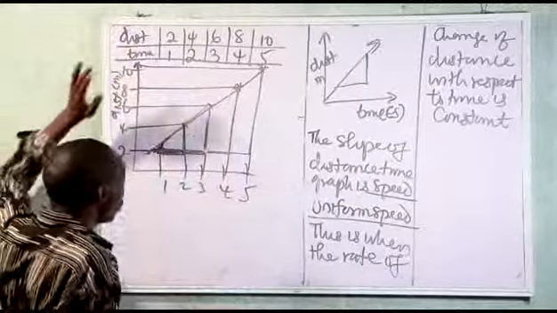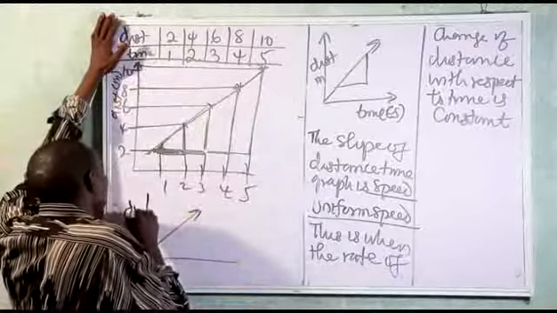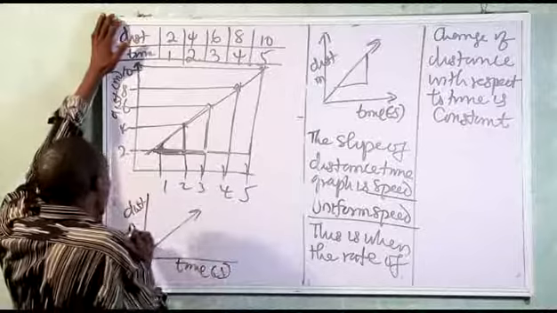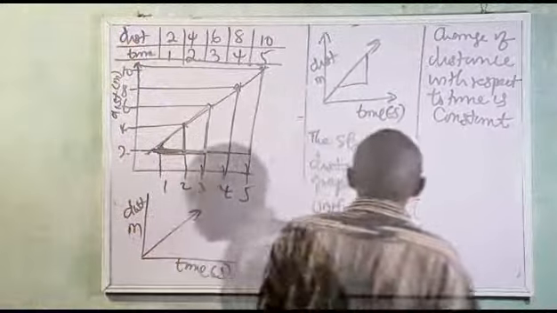So that is uniform. The graph of uniform speed is a straight line. Time in seconds, distance in meters. Any graph like this is a uniform speed.